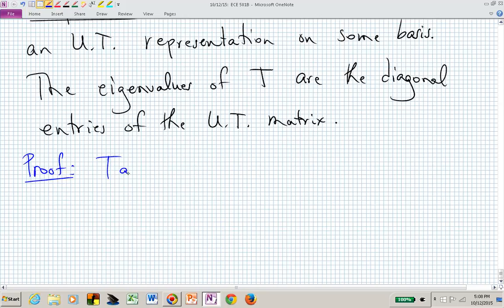Suppose we now take v1 through v sub n as our basis, and on that basis we have an upper triangular matrix representation of the linear operator.